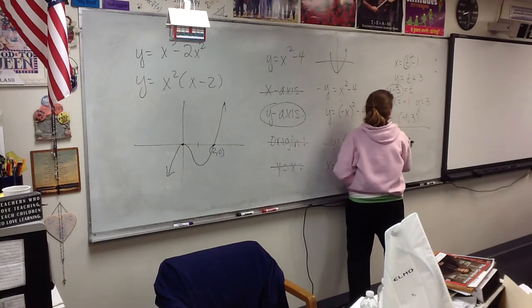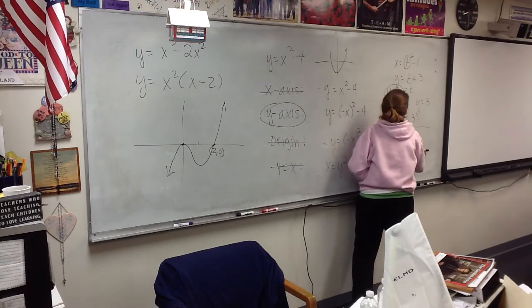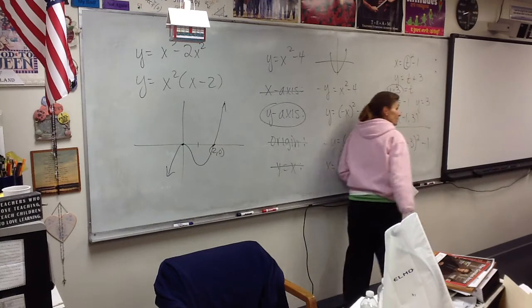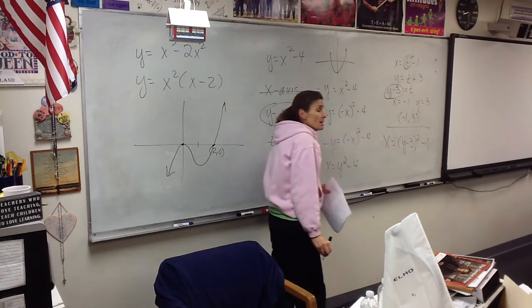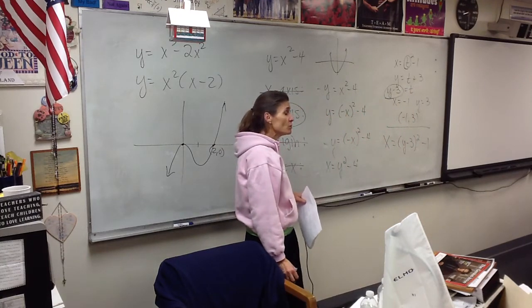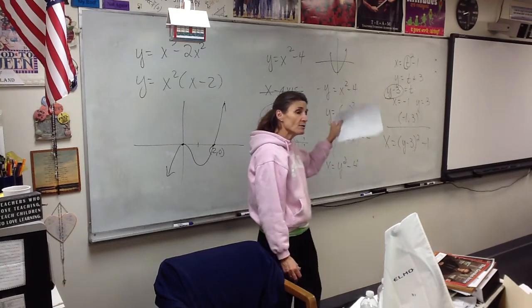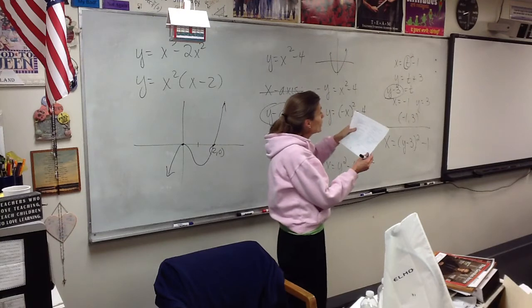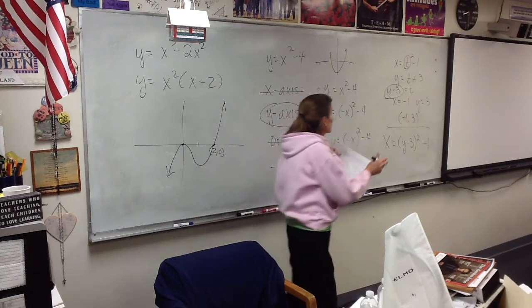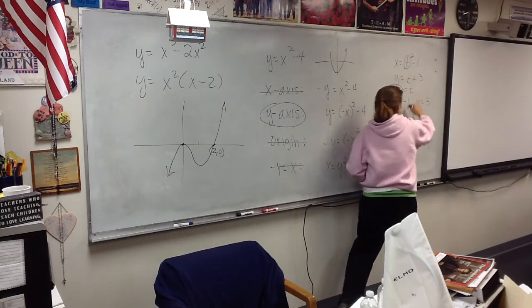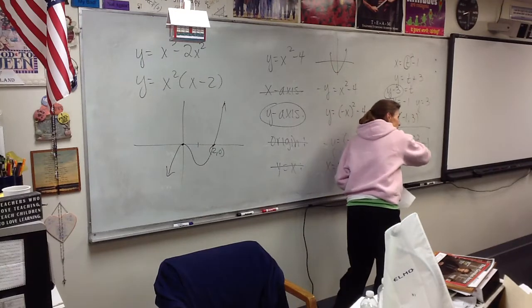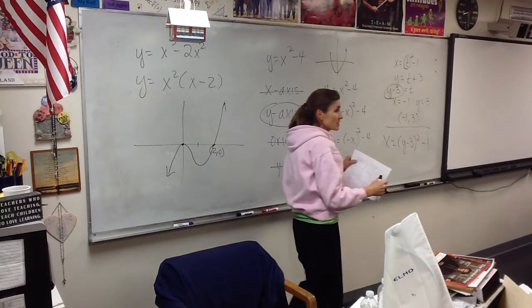So x equals y minus 3 squared minus 1. Now, this is one of the few times you don't have to do anything else. You're done. Because what did the directions tell you to do? Eliminate the parameter. T is the parameter. There's no more T. Moving on to the next question.